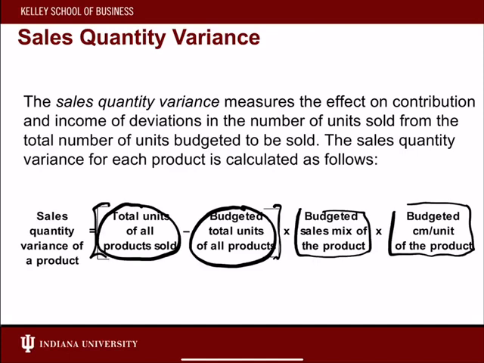But for our purposes, we just want to look high level at what sales quantity variance means. And the easiest way to think about this is sales quantity variance is the overall dollar value of the difference between actual and budgeted amount of sales. That overall, we sold more or less than we anticipated. And what's the dollar value on that change in quantity?